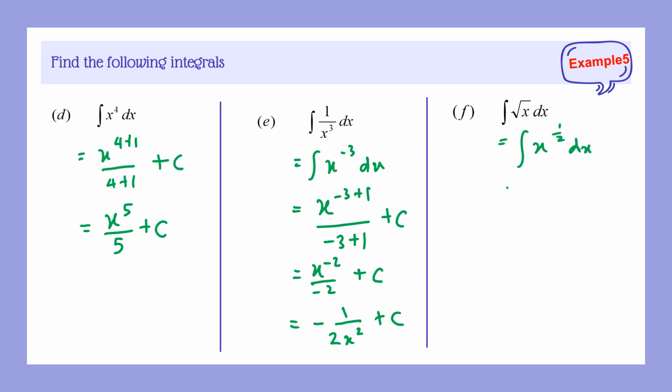And then we integrate this one, we get x to the power of 1 over 2 plus 1 over 1 over 2 plus 1 plus c. 1 over 2 plus 1, we get 3 over 2. So then, x to the power of 3 over 2 over 3 over 2. Then we can change to 2 over 3 plus c. Finally, this is the answer for integrate square root of x dx.